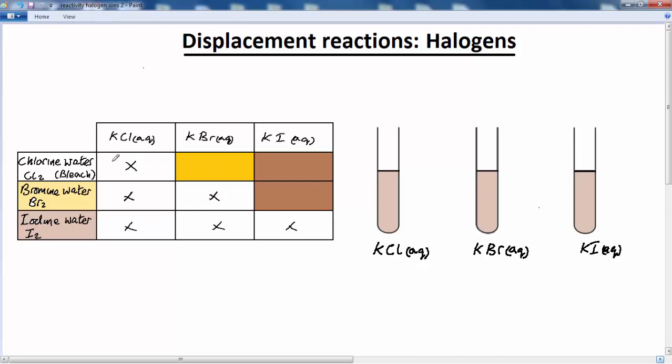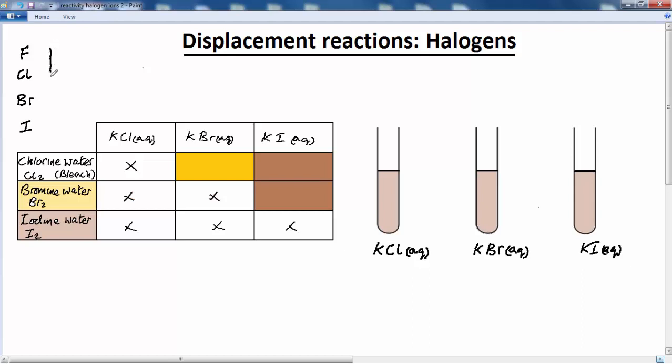So we're going to explain these reactions in terms of the reactivity of the halogens. We remember that the halogens start off in terms of the most reactive with fluorine, and then chlorine, and then bromine, and then iodine. You'll notice that a halogen is displaced from its solution by a more reactive halogen.